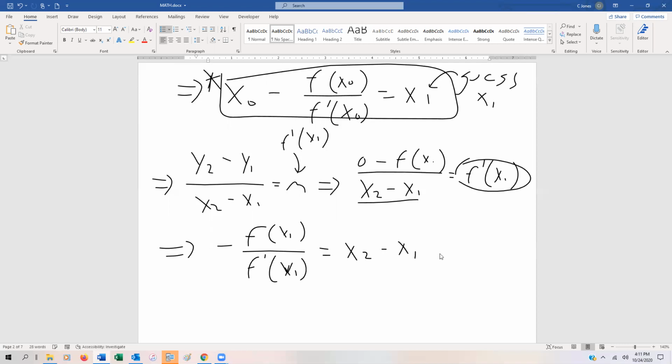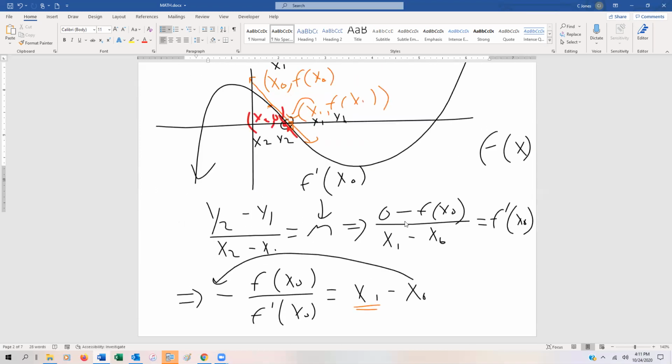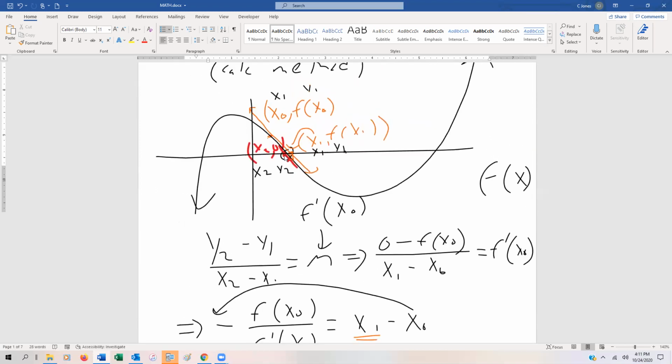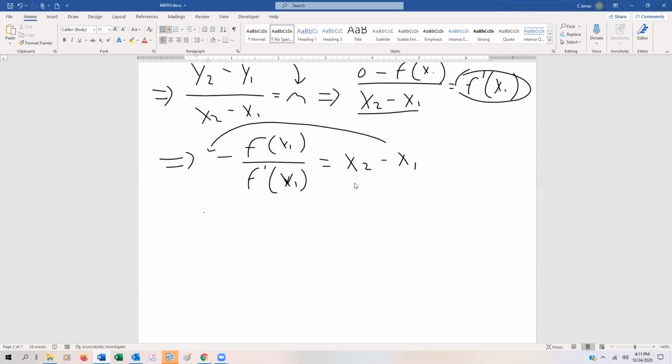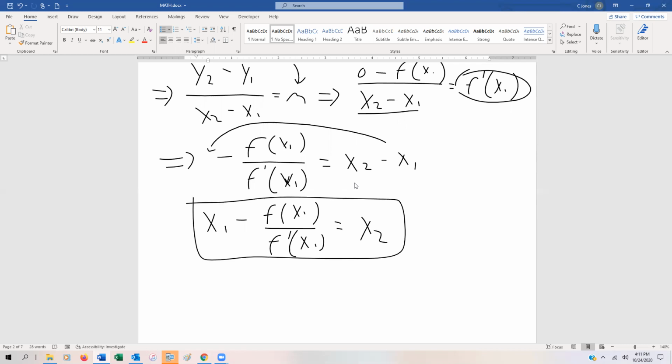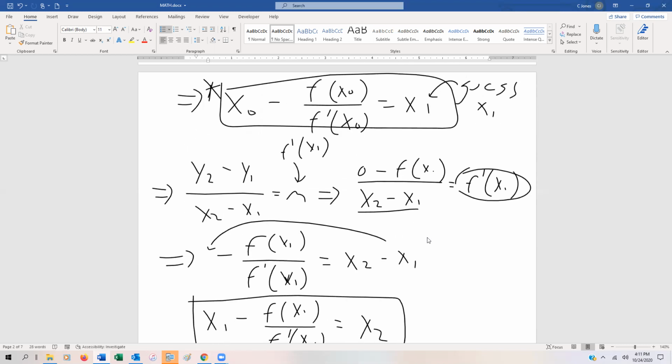What are we trying to solve for? We're trying to solve for x2, the next guess. So to solve for x2, we add x1 to both sides, and we get this equation: x1 minus f at x1 divided by f prime of x1 is equal to x2.